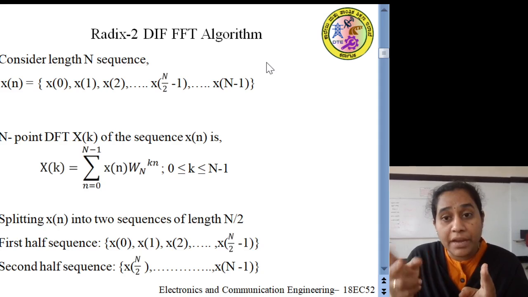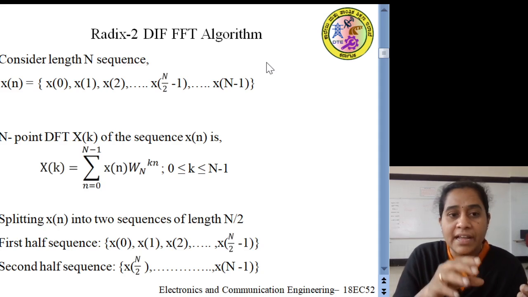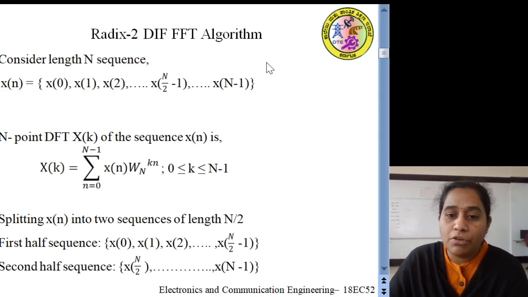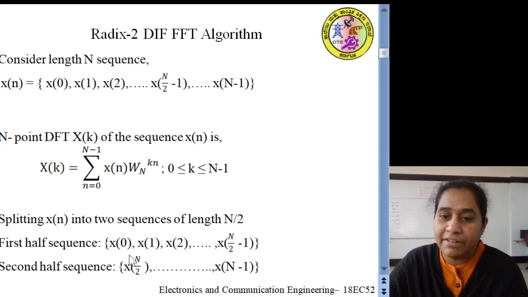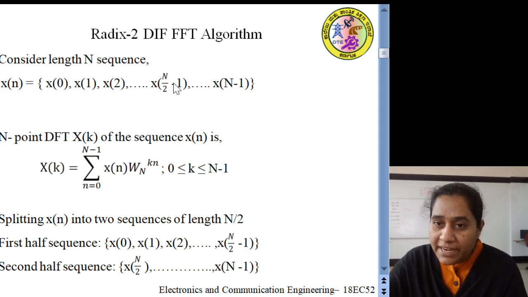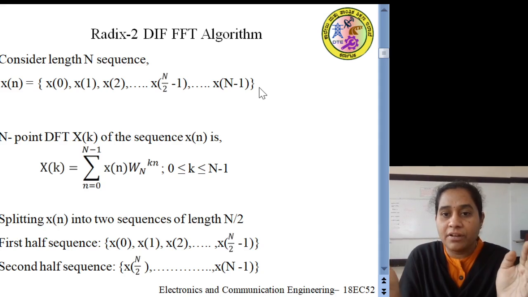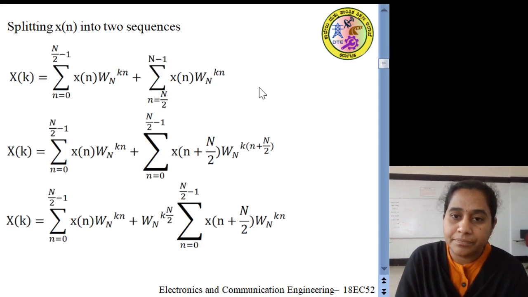That means two N by 2 length sequences, as first half and second half. The first half sequence is x of 0, x of 1, x of 2 up to x of N by 2 minus 1. The second half sequence will be from x of N by 2 up to x of N minus 1. So exactly half and half we are splitting.